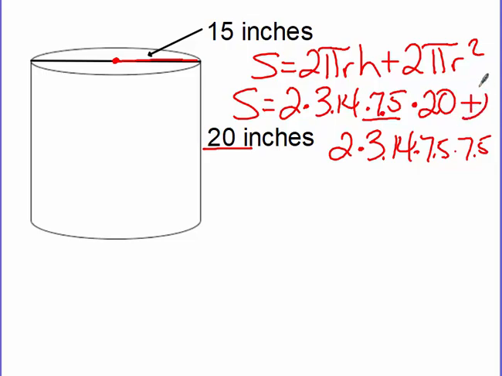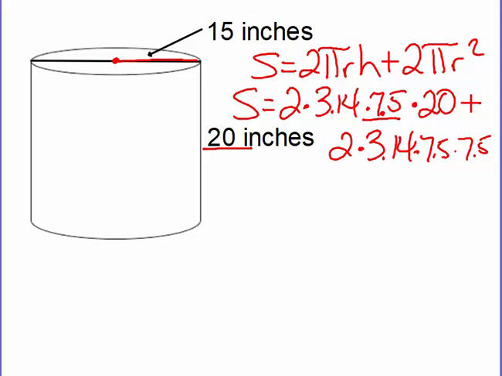The most common mistake that's made is we forget to use a plus sign in the middle. So here we go. Let's type that in. So 2 times 3.14 times 7.5 times 20 plus 2 times 3.14 times 7.5 times 7.5.